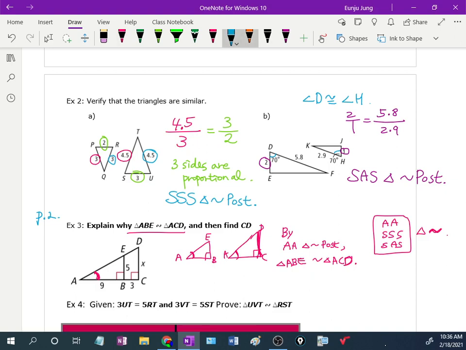By knowing that, we can use proportion. So this is 9 and this is 5 from the small triangle. What is the length of AC for the big triangle? A to C. All together, 9 and 3 together, 12. What is X? That is the question, okay?